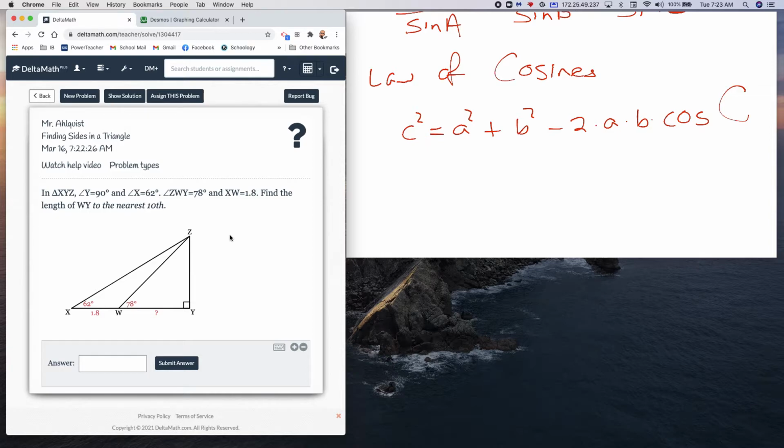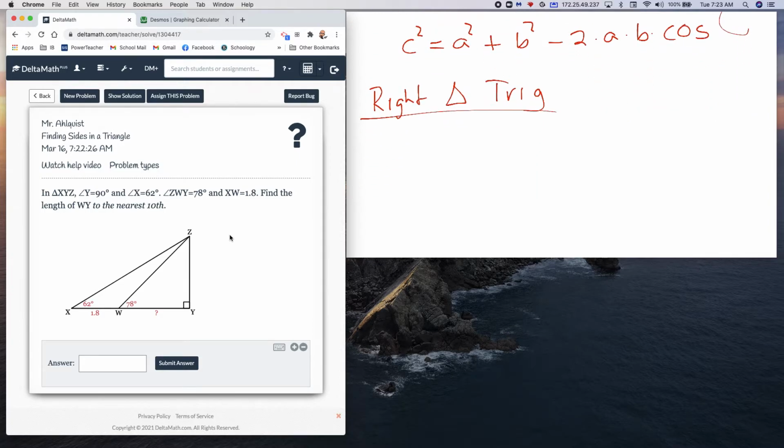I'm not real sure, but what I do know is I can also use right triangle trigonometry. And what that is: the sine is the opposite over the hypotenuse, the cosine is the adjacent over the hypotenuse, and the tangent is the opposite over the adjacent.